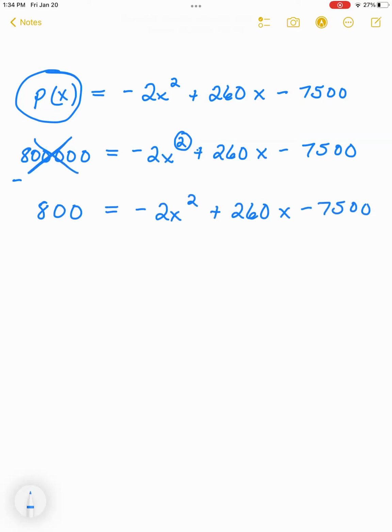And as I was saying, the typical standard approach to solving a quadratic equation is you want to get a 0 on the one side. So we want to subtract 800 on both sides, and that will give us the 0 that we want.